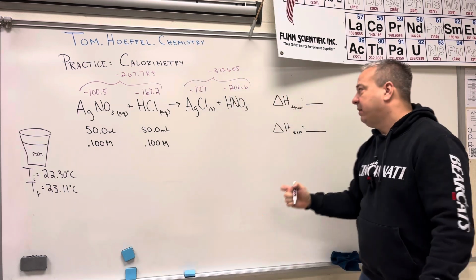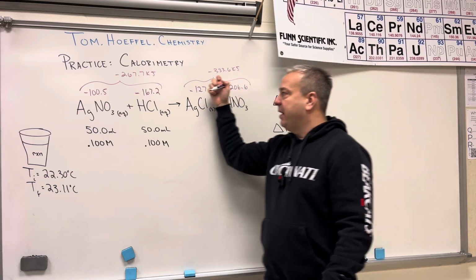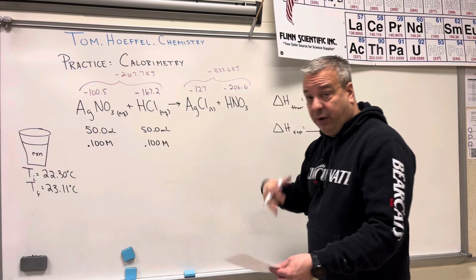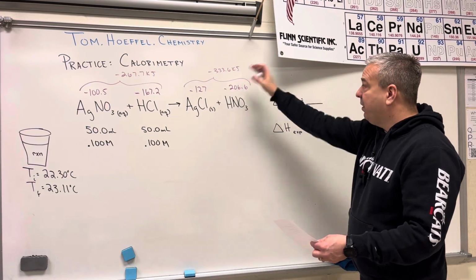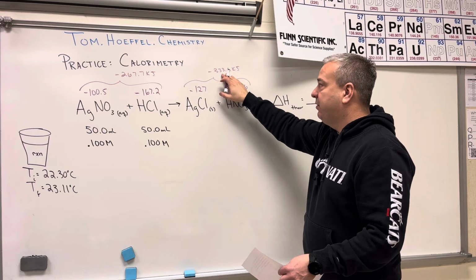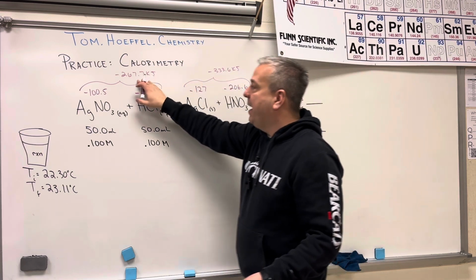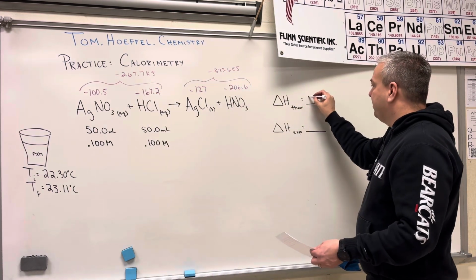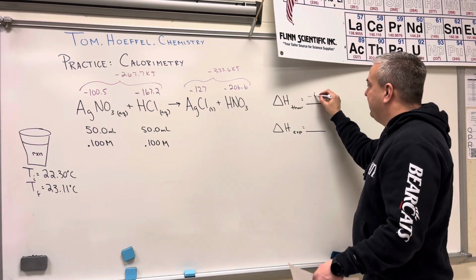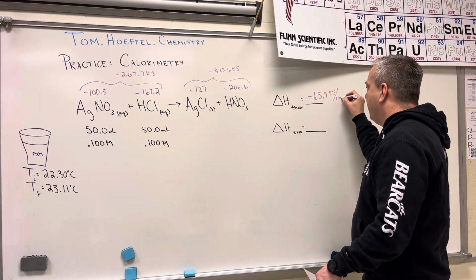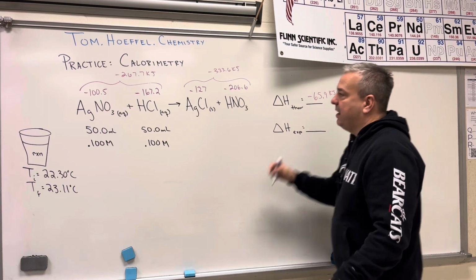Whenever we do the enthalpy change theoretically, it's always the products minus the reactants, or final minus initial for any type of delta. Negative 333.6 minus a negative 267.7 will give you an answer of negative 65.9 kilojoules for every mole according to this chemical reaction.